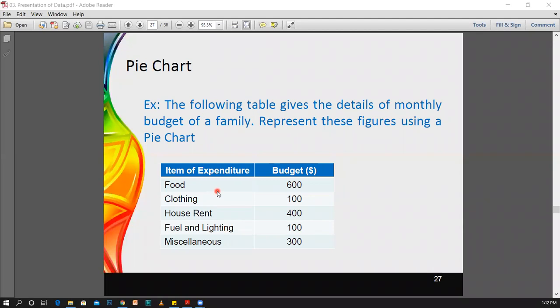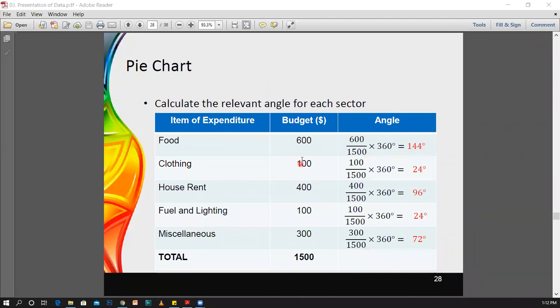If you are asked to obtain a pie chart for this type of example, initially you have to identify the angle associated with each level of the category. To identify the relevant angle for each sector, first of all you can obtain the total for this project.